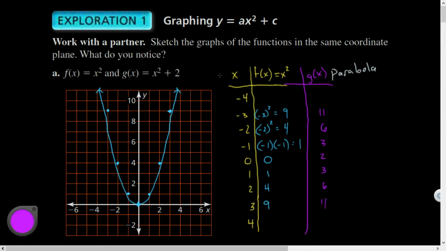Right, so you guys see for g of x, this plus 2 is just going to add 2 to all the y values. And if I plot these points, (0, 2) is right here. And I'd have (1, 3), and then (2, 6), and (3, 11).